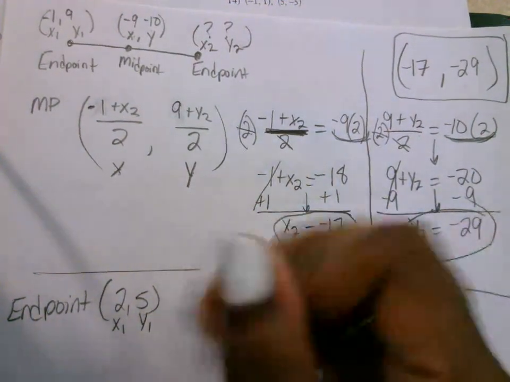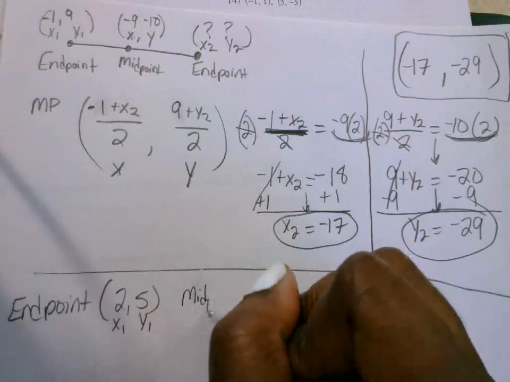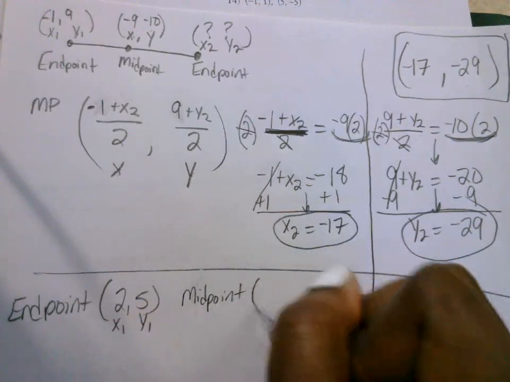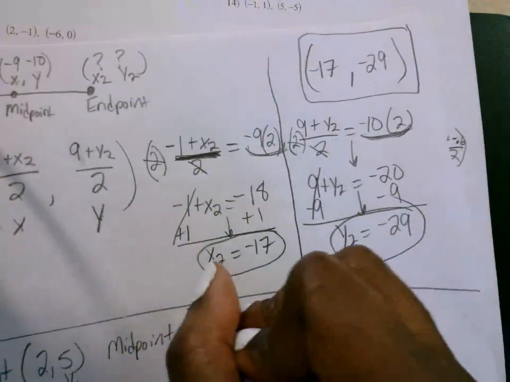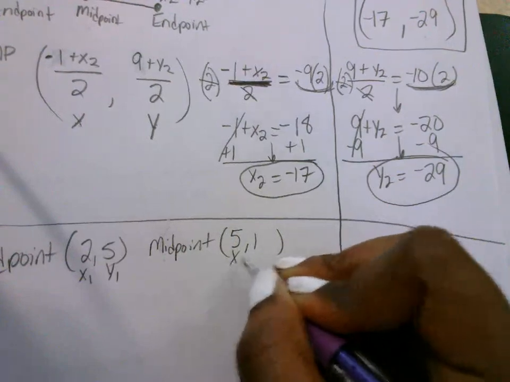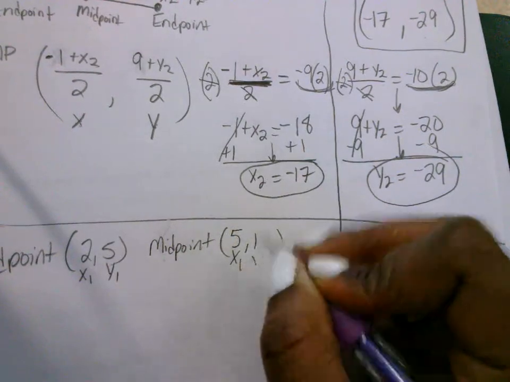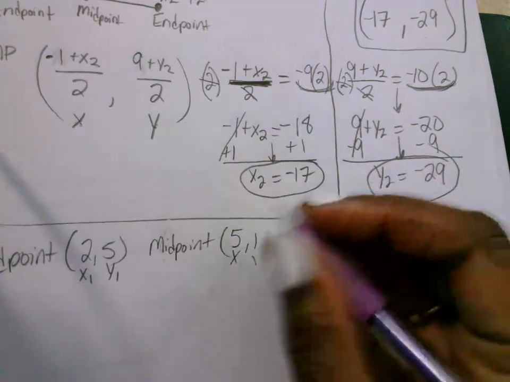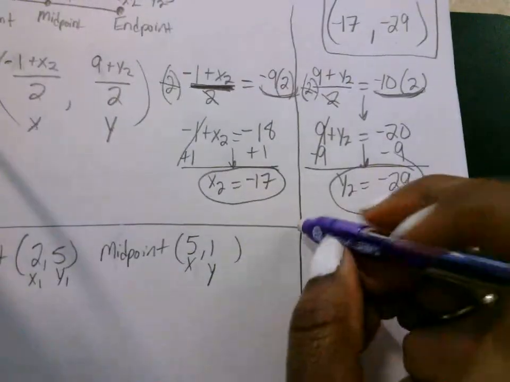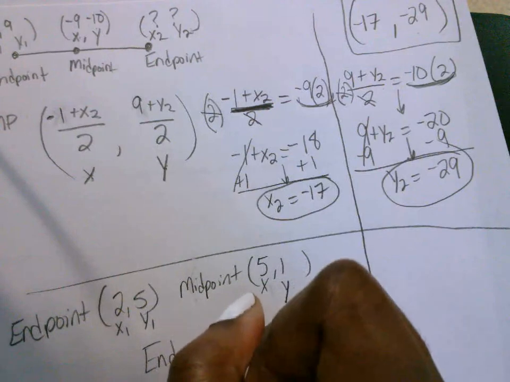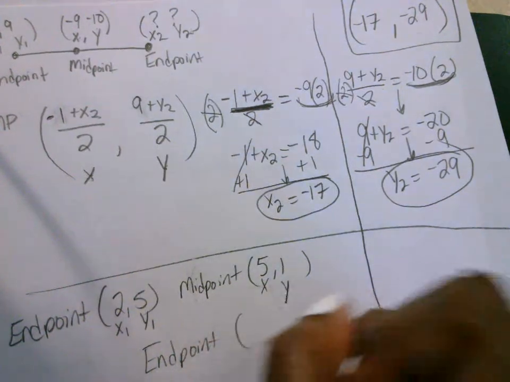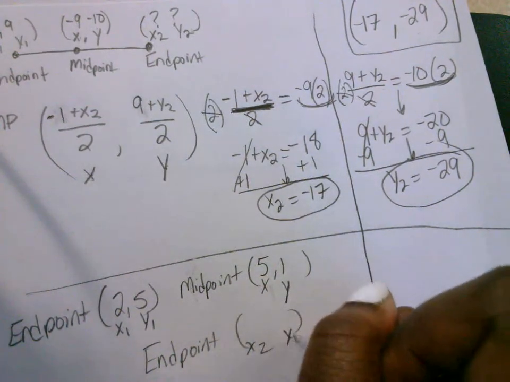The midpoint that they give you is 5, comma 1. That's x, y. What is missing? The other endpoint is missing, okay? X2, Y2 is missing.